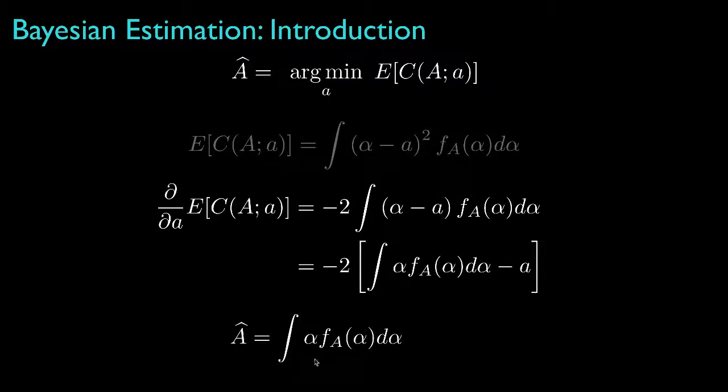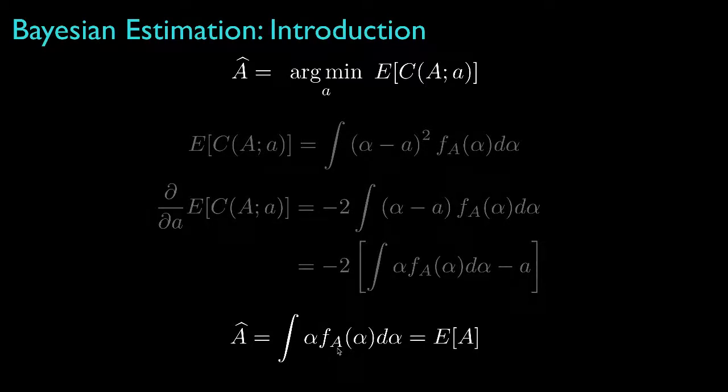Well, this specifies that our estimate is the integral of the parameter times its density, which is, of course, the expected value for the parameter. This means that the minimum mean square error estimate of the parameter, in the absence of any other observations, is the expected value or mean for the prior density for that parameter.